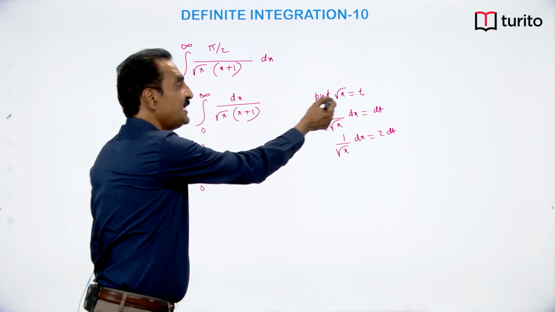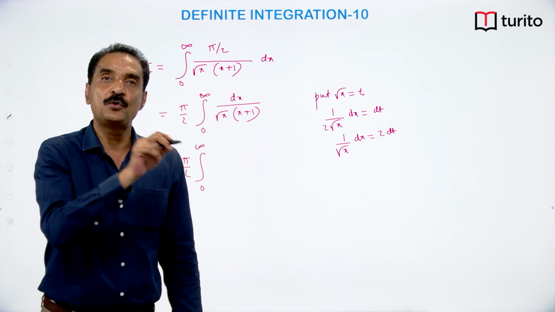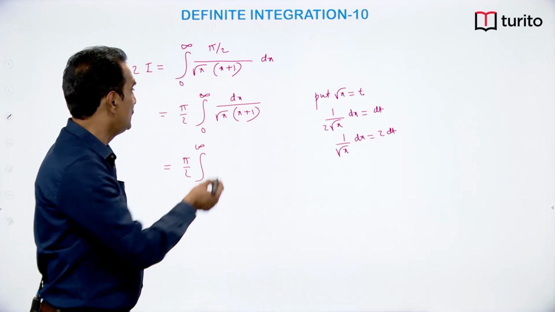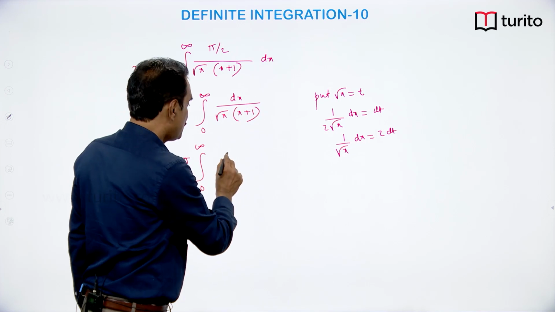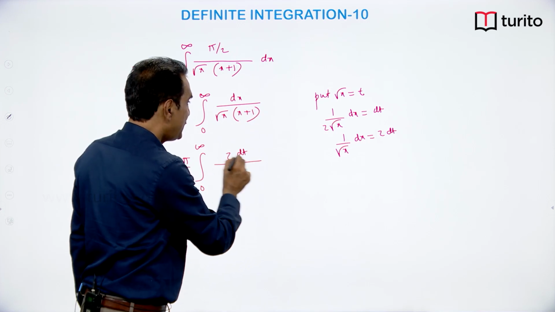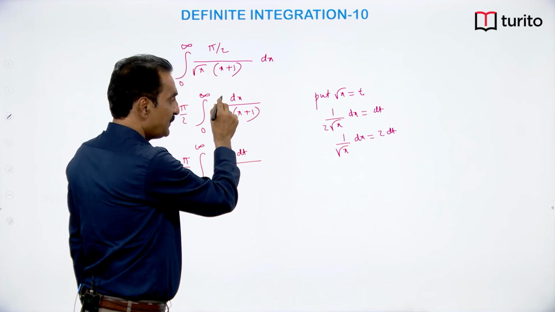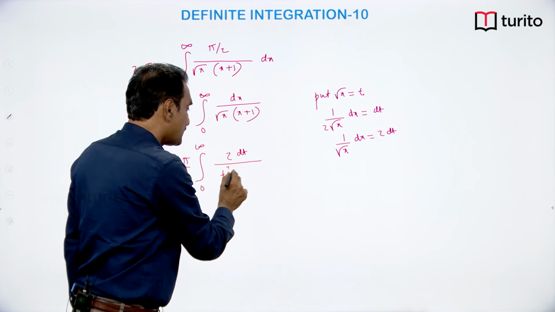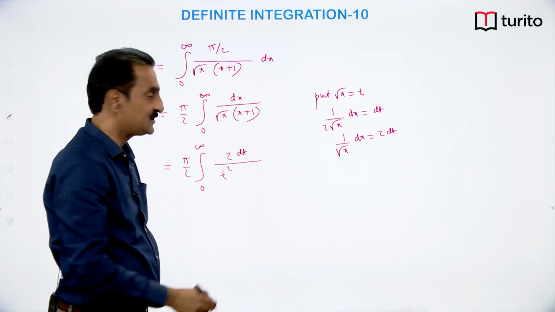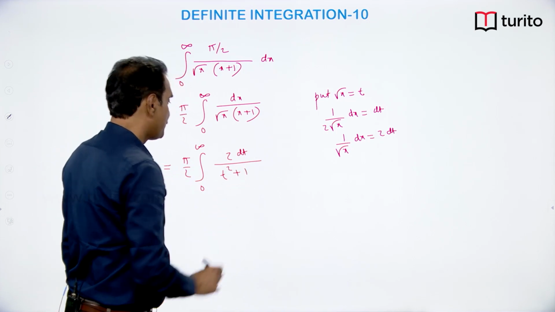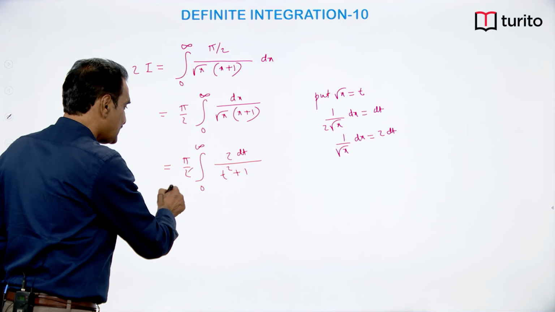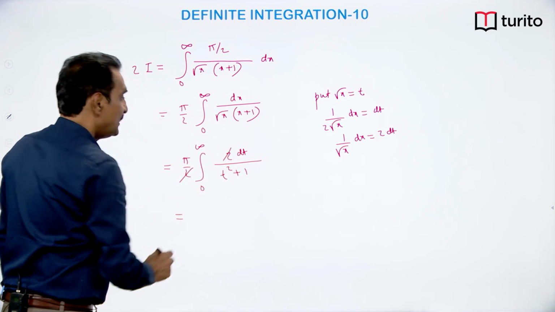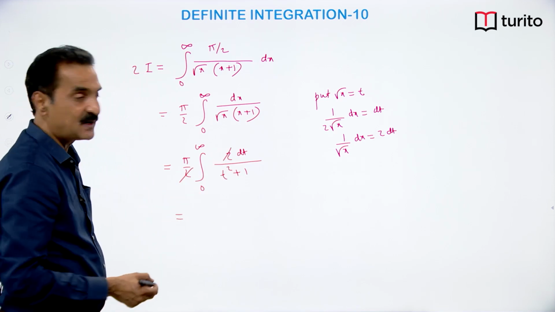If x is 0, t is 0. If x is infinity, root infinity is infinity. Now 1 by root x dx will be 2 dt by x is t square plus 1, since root x is t means x is t square. Cancel this 2. What is integral 1 by t square plus 1?